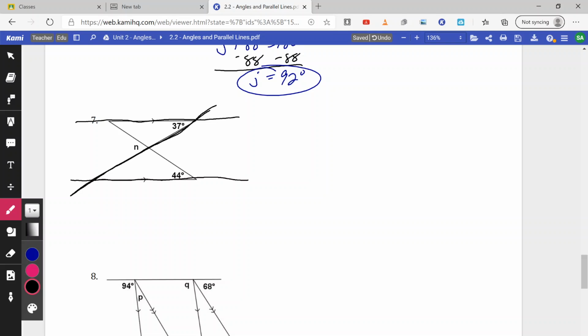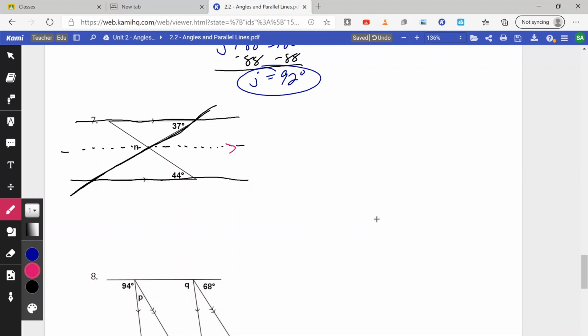So we can say that 37 is part of our issue, same with 44. What we want to do is take a look at the relationship. N is not part of the parallel lines cut by transversal, so we should probably add an auxiliary line here through the center.